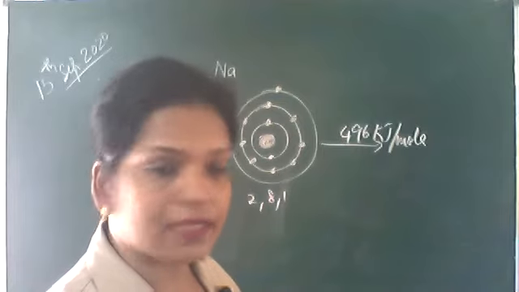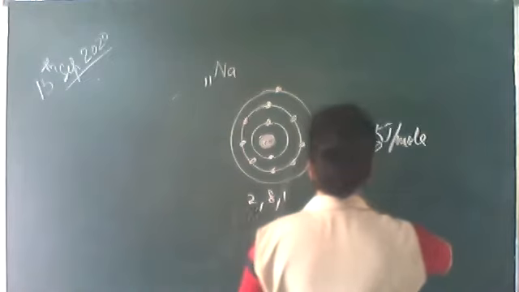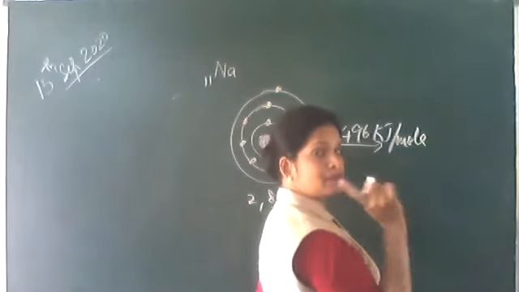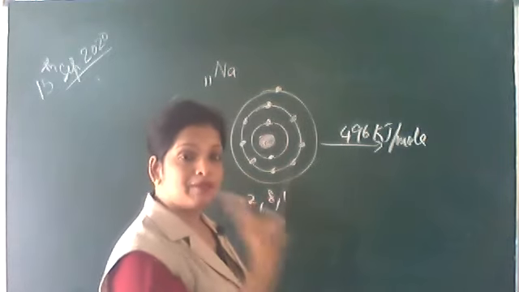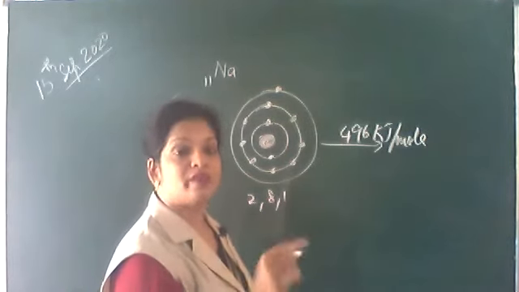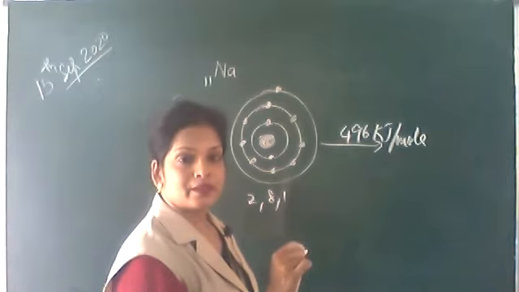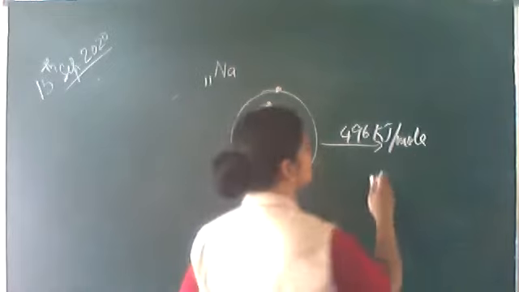Now only 10 electrons. See, one electron gone. But at the center there are 11 protons, 11 positive charges. 11 positive charges will be attracting these 10 negative charges very effectively. That means the size of this new species is decreasing.